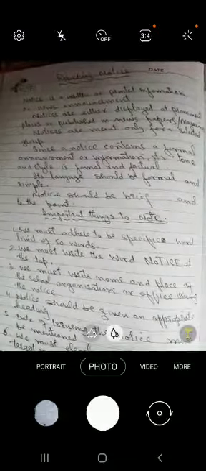A notice should be brief and to the point. It should not be so long; the very short information must give the required meaning.